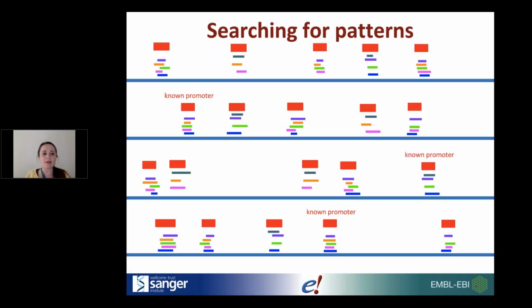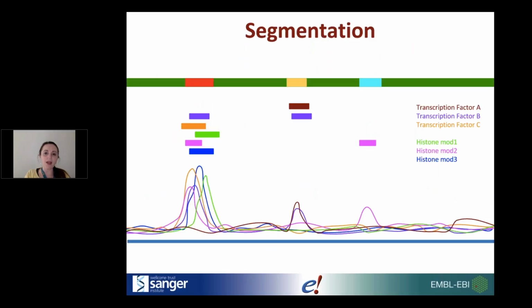So there are actually many, many different patterns across the genome that are associated with different kinds of activity. Just because one promoter has certain patterns and certain transcription factors, there'll be another promoter which is equally valid, which has completely different patterns found on it. So this produces what we call segmentation, which is the next step in our process, and this is done for a single cell type at a time.